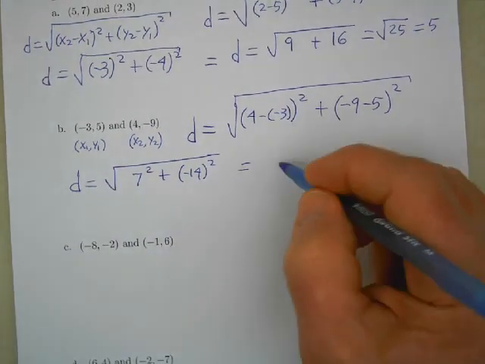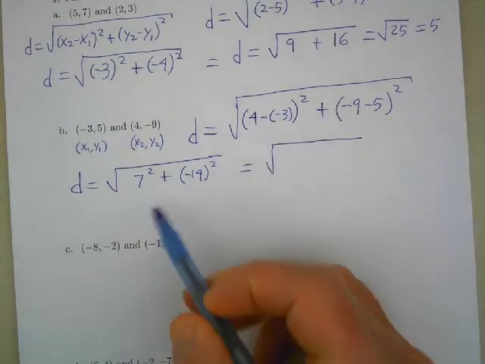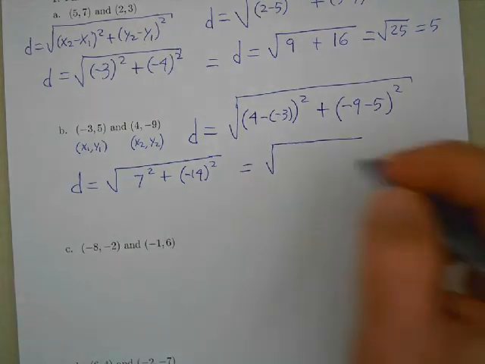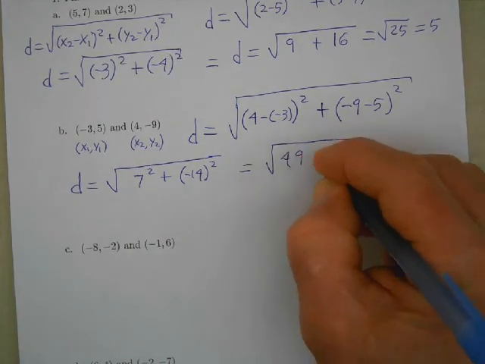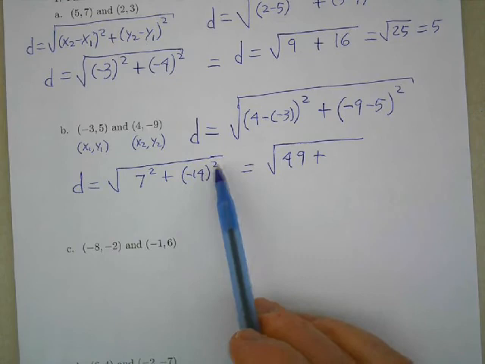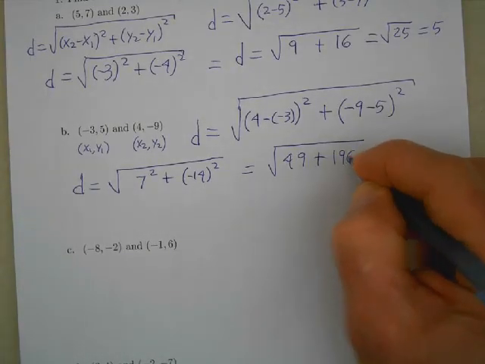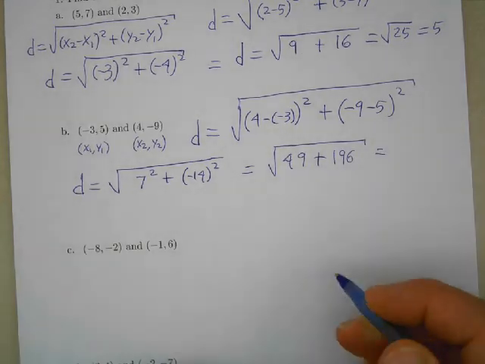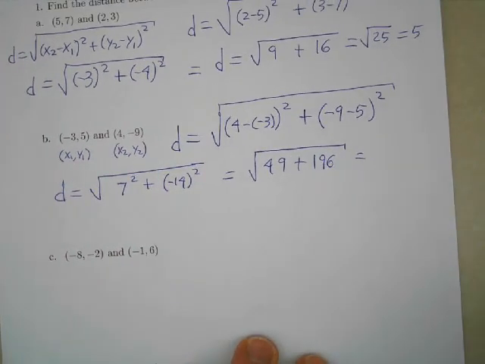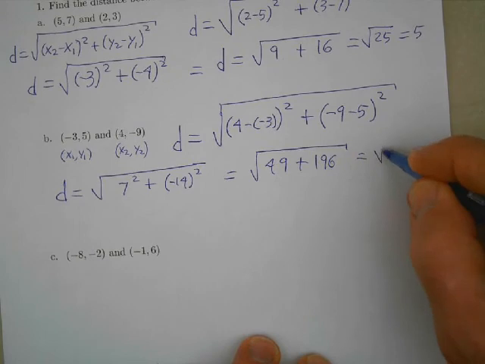And then 7 squared is 49. And negative 14 squared is 196. And then when we add those two numbers, we get the square root of 245.